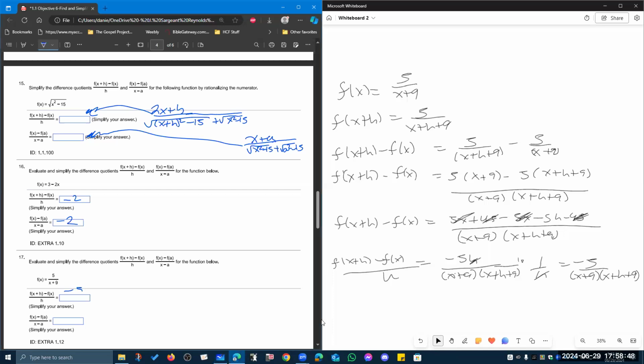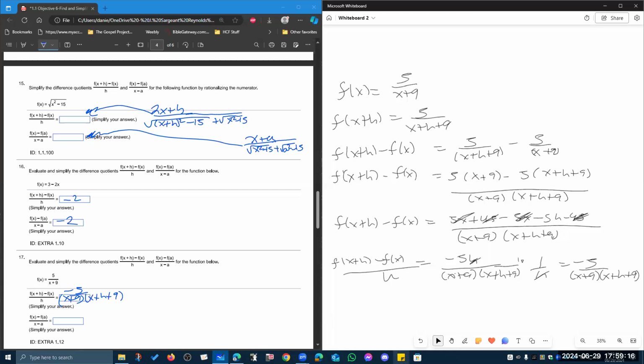I bet you know to expect that our answer is going to be negative 5 over x plus 9 times a plus 9 for the second part, because that x plus h right there is going to get replaced with an a. But let's see what we get.